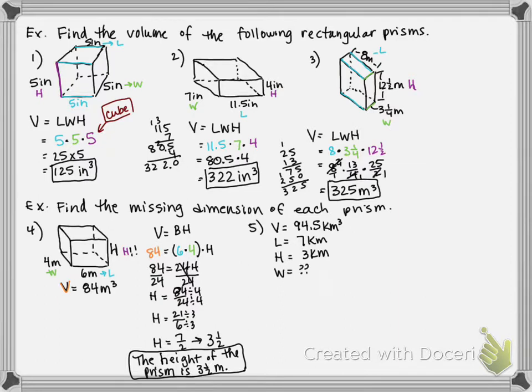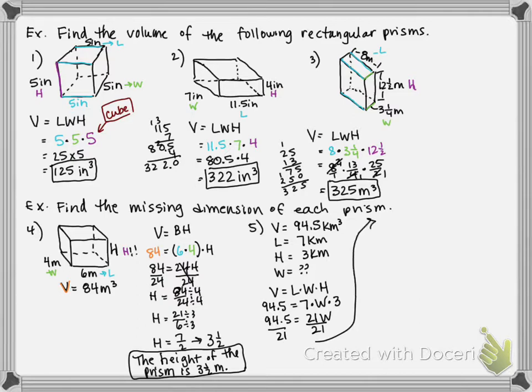So we're going to solve for the width. So we're going to have V equals length times width times height. We're going to replace the volume with 94.5. The length is going to be 7, width is going to stay W, and the height is going to be 3. So I multiply and I get 94.5 equals 21W, then I divide both sides by 21.